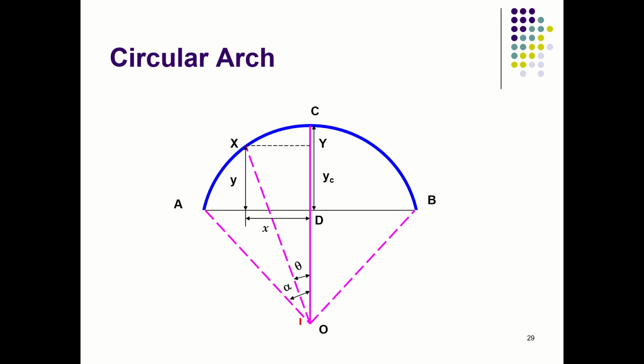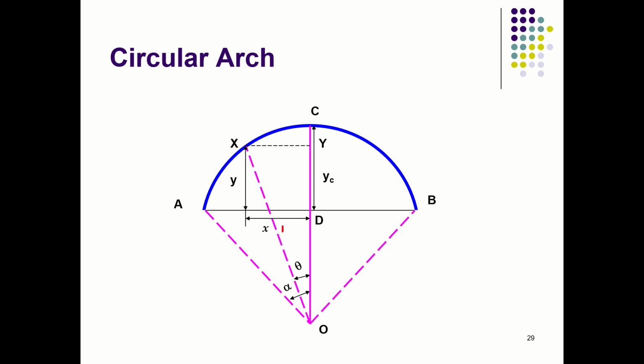Now the circular arch. This is your circular arch, A, C and B, and the radius of this arch is constant throughout. The angle between the line OC and OA is alpha, and for any point you have taken on the arch, you draw a chord, and the angle between this and OC is theta.